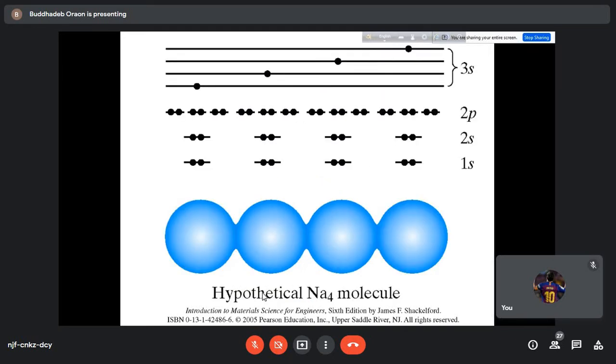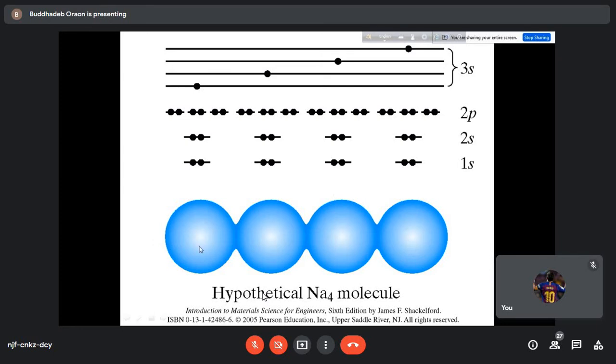Now let us try to assume, although an Na4 molecule is not possible, that hypothetically 4 sodium atoms are brought closer and they are forming, let us say, one molecule.